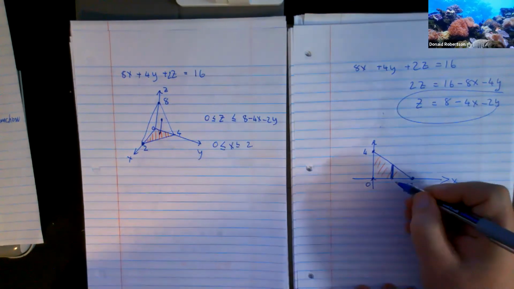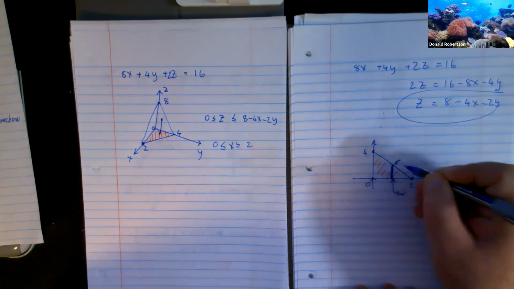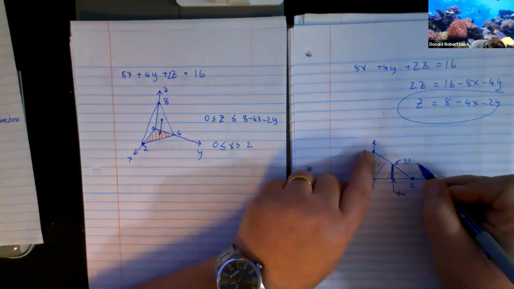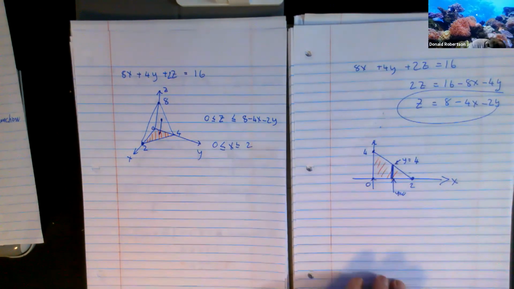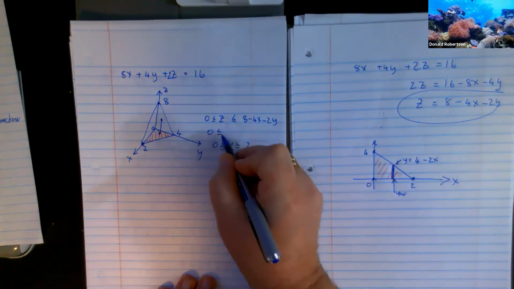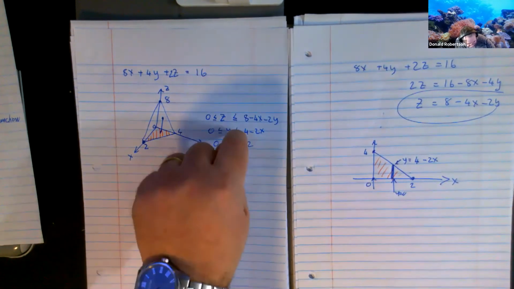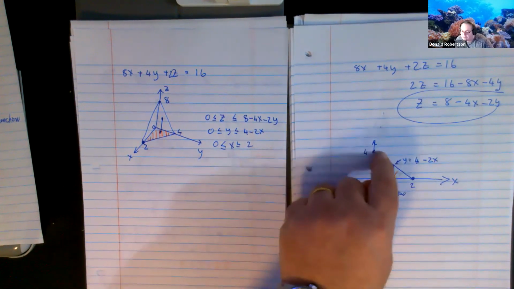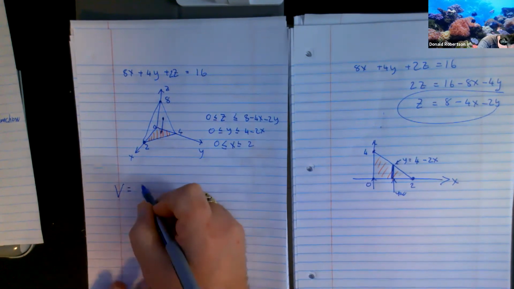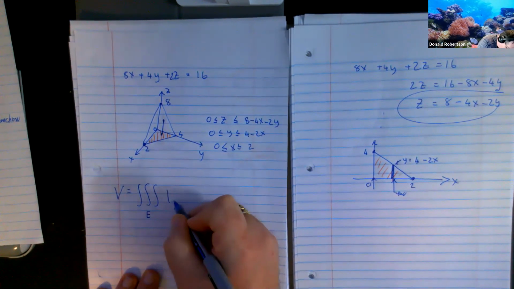And y will go from a y value of 0 to whatever the equation of this line is. This line has a y-intercept of 4 and a slope of -2. So y goes from 0 to 4 take away 2x. Are we comfortable with how these two together generate this piece? Now we have a formula. The volume of this tetrahedron, the volume of any shape, is its triple integral over its region of 1.